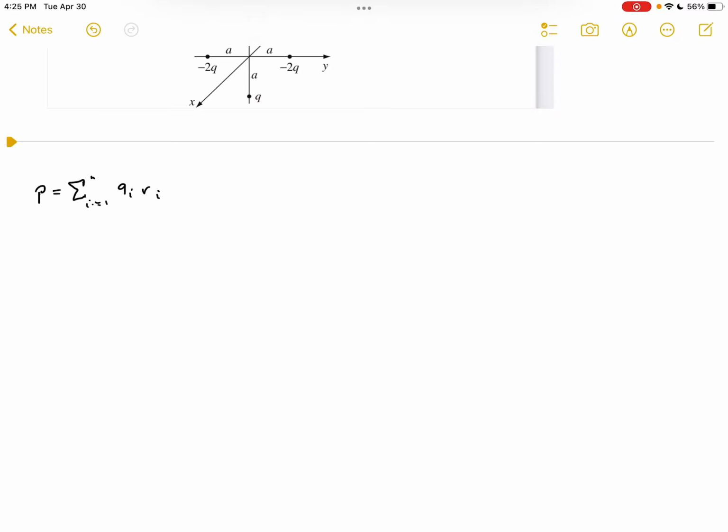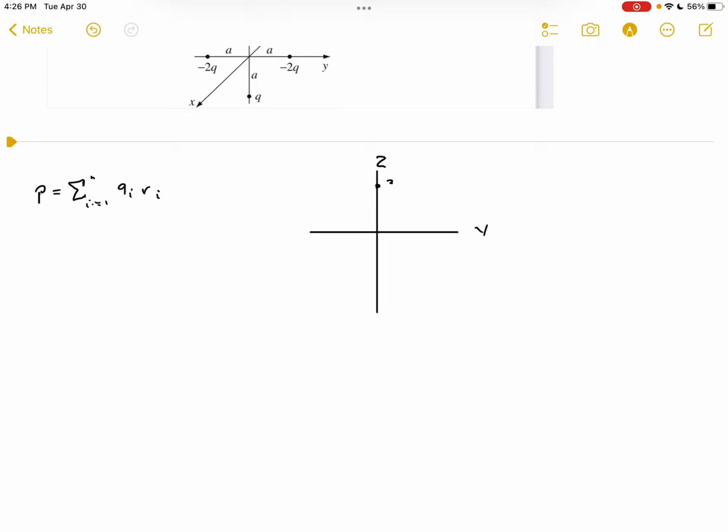So we can now show the positioning of our charges in a 2D way. So we have our z-axis and our y-axis.